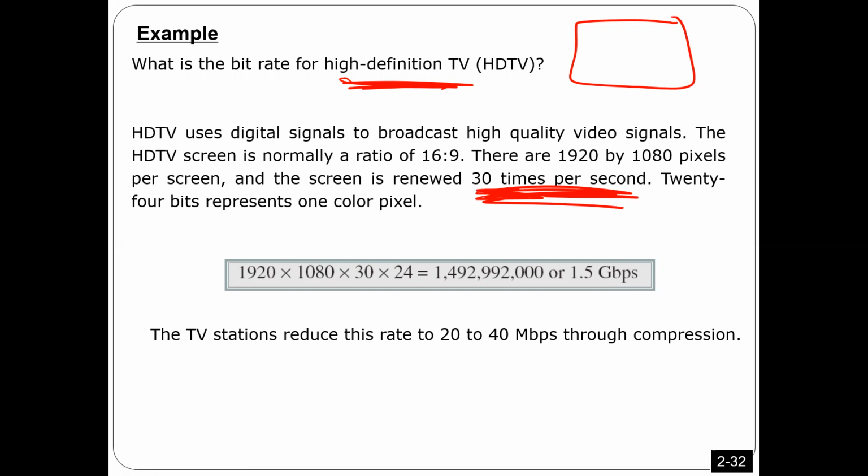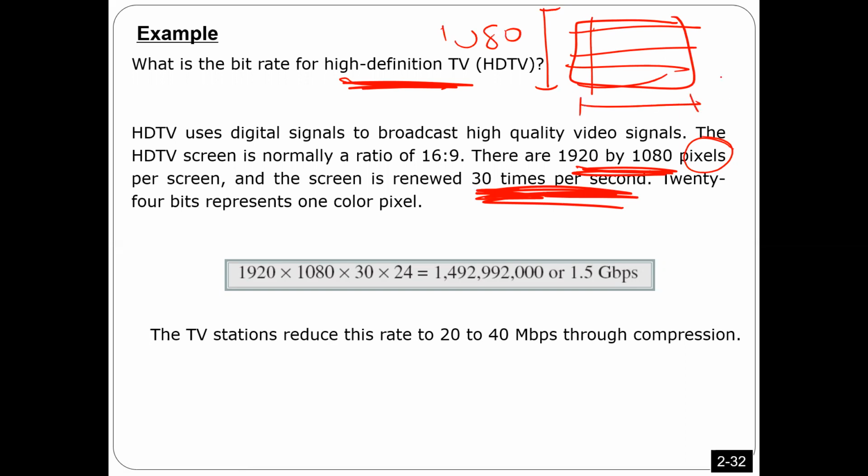Every picture is going to be 1920 times 1080 pixels. Any picture has pixels. From here to here is 1080, and from here to here is 1920. If I multiply these two together, this gives me the number of pixels in one image.